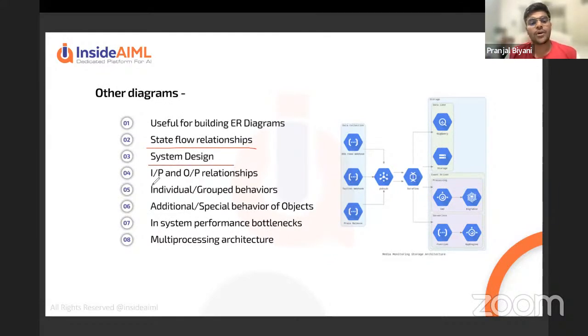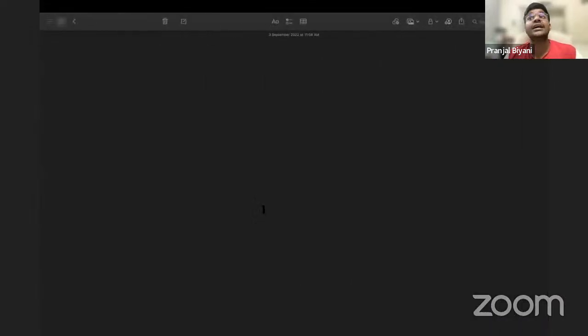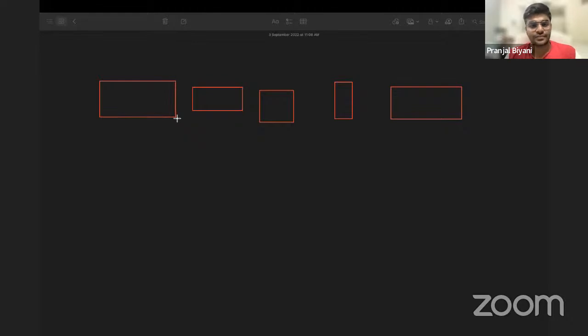System design, like we talked about: input-output relationships, individual or grouped behaviors, additional special behavior of objects, system performance bottleneck. The bottleneck is a very important example because this has helped a lot of software developers build really great quality code. Suppose the situation arises where you have multiple things accessing your product or your platform.